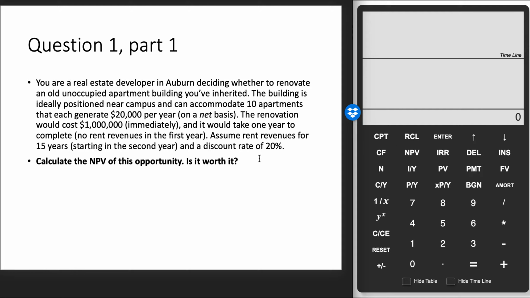So that would be $200,000 per year. So once we are able to rent the apartments, then we can expect to receive $200,000 per year for 15 years. But the important thing to recognize here is that there's going to be 1 year for renovations, and so the first year you're not going to see any cash flows. So that's what the timeline looks like.